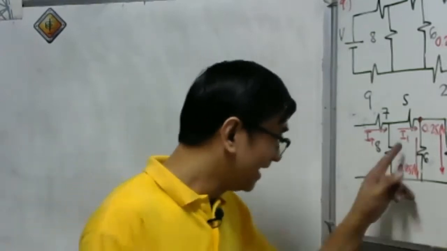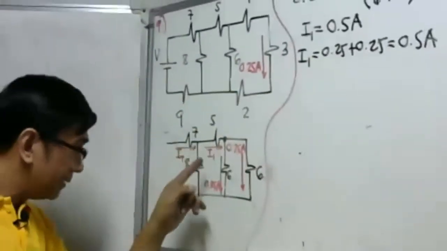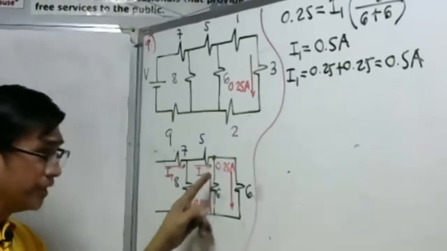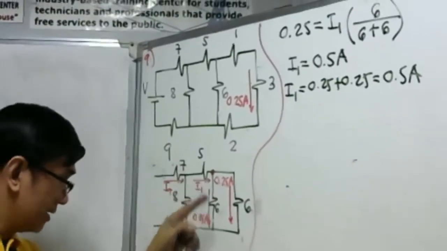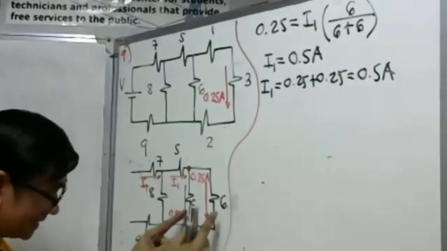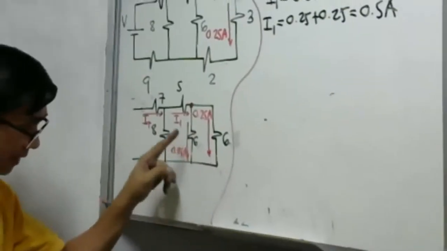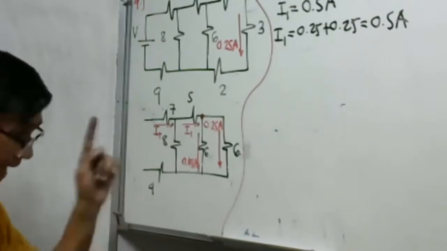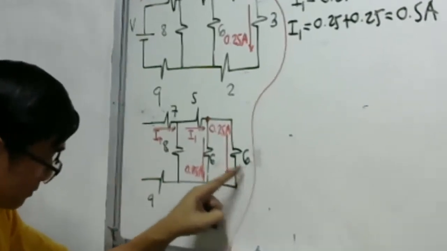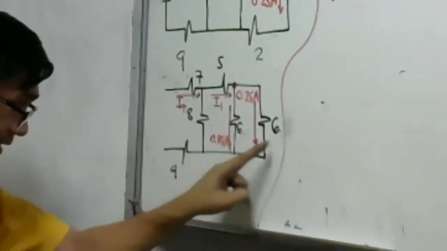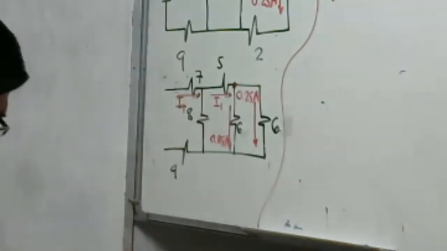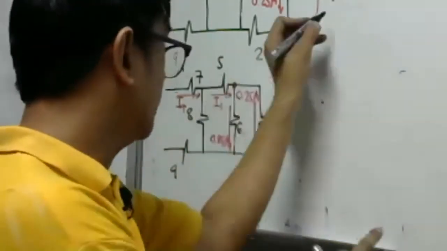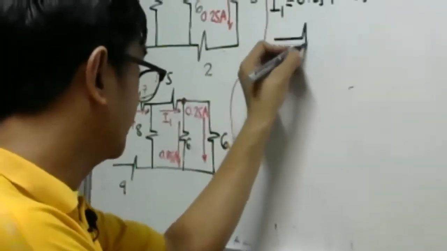So, we have 0.5 here. That is our I1. Now, we have 6 and 6. Of course, we all know that the equivalent of 6 and 6 is the branch resistance divided by the number of branches. 6 divided by 2, so that is 3. So, I will put here the equivalent.